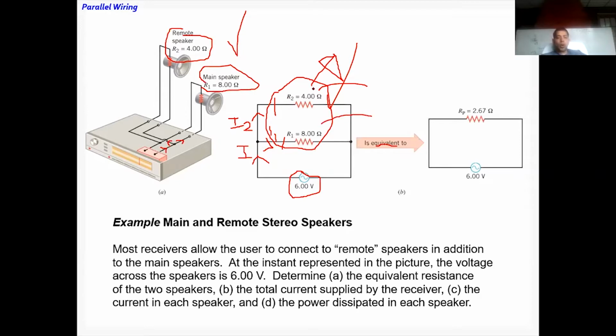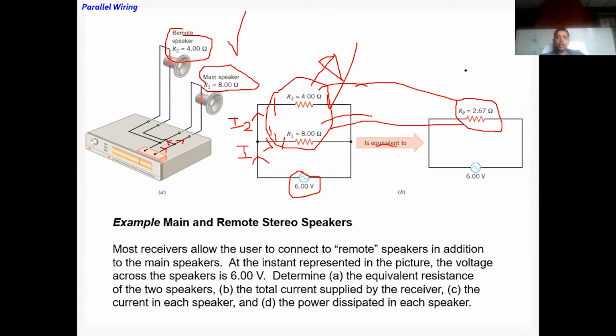My claim is your RP will be 2.67, which is less than 4 and obviously less than 8 also.